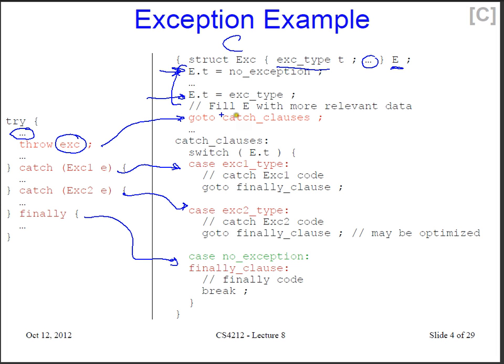So right here, right after setting the exception type, we might fill E with more relevant data. And then we jump to catch clauses, which is here. So we have an area in the program that handles the exception. It's essentially the translation of all the catch clauses.